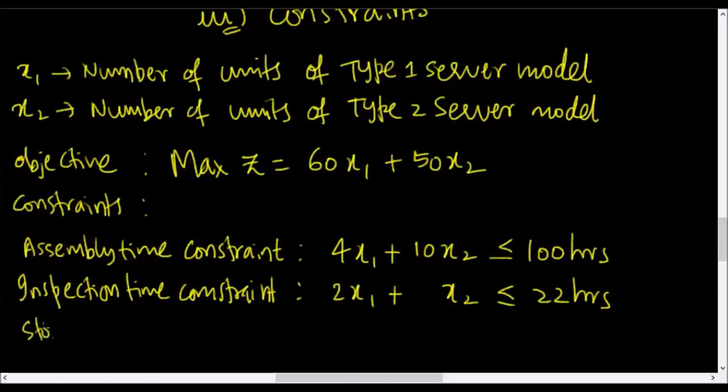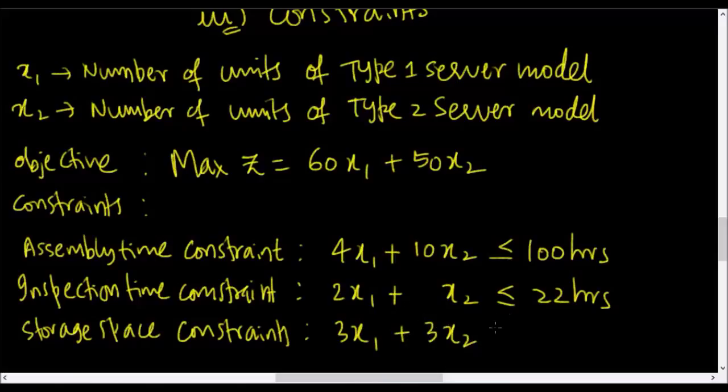Similarly, for the storage space constraint, a type 1 server consumes 3 cubic feet, so x1 units will be 3x1, and a type 2 server model will consume 3 cubic feet again, so x2 units will be 3x2, which cannot cross the 39 cubic feet available in the warehouse.